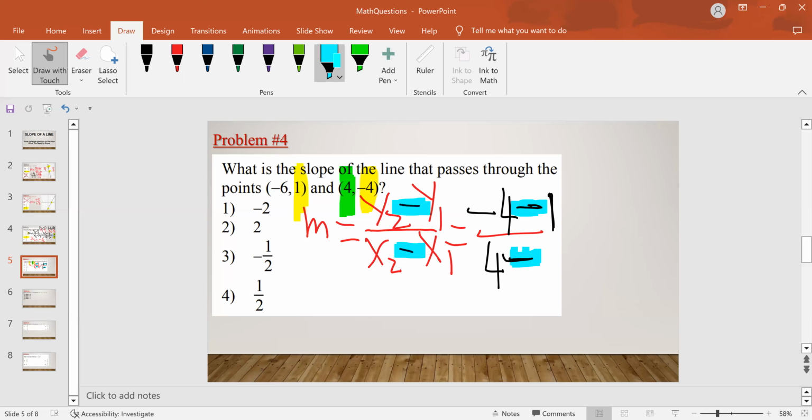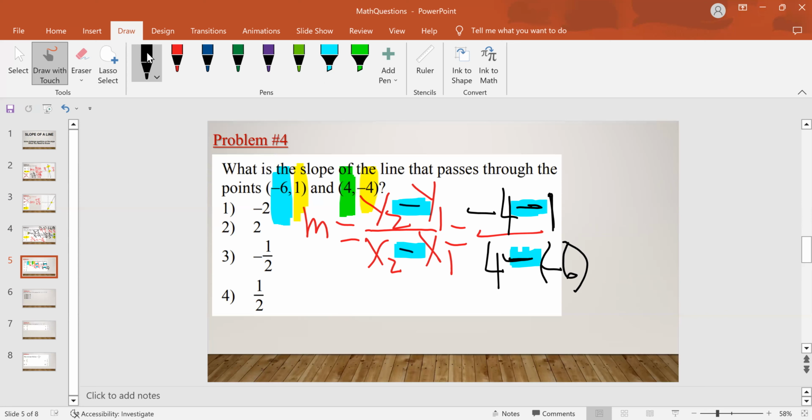So we have x2 minus, now we need x1. x1 is a negative value, negative 6. But in the formula, we also have a negative sign here. So we're going to have a negative sign twice, one from the formula and the other from the value itself. So we have 4 minus negative 6. Let's put that negative 6 in parentheses, because I'm having two negative signs.